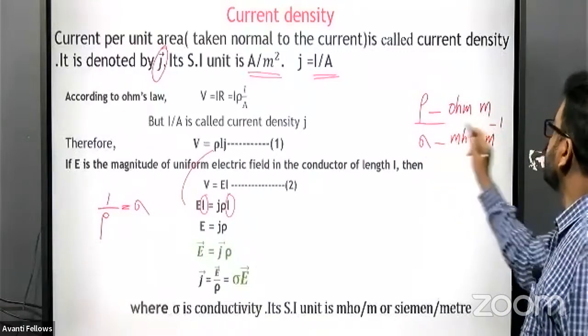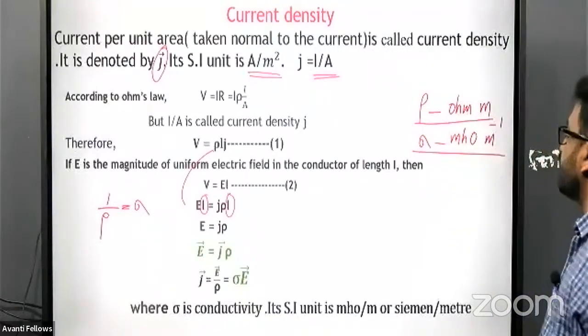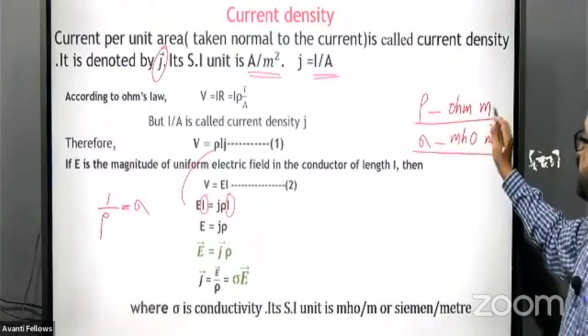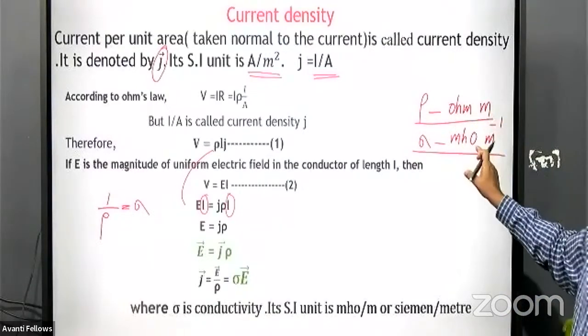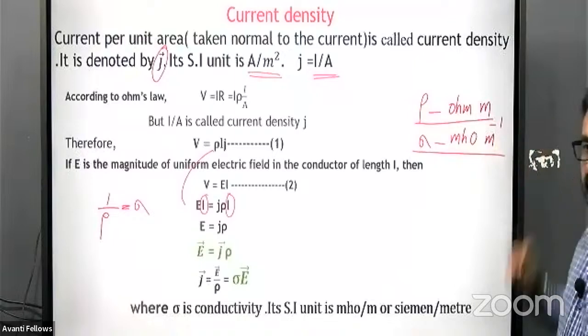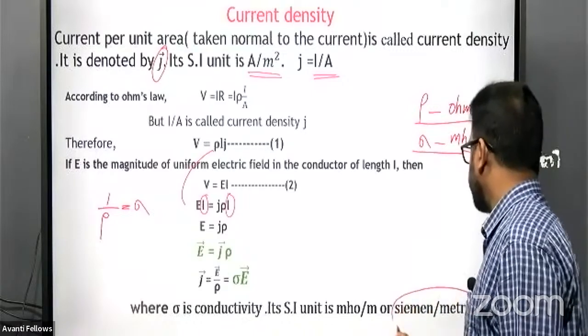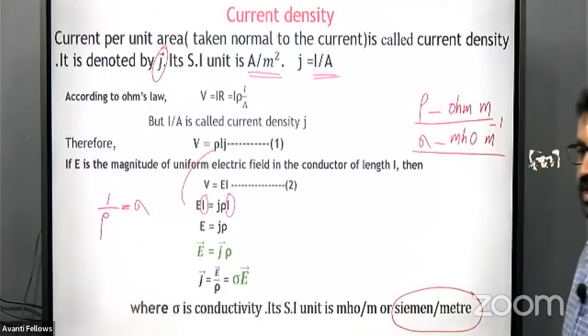So these are the units of resistivity and conductivity. This is ohm meter, and that comes in the reverse way, mho, m raised to minus 1. There is another unit for conductivity also, that is Siemens per meter.